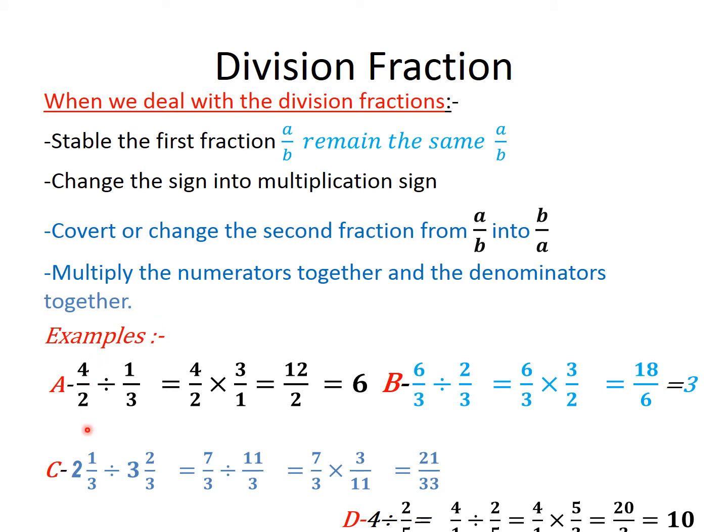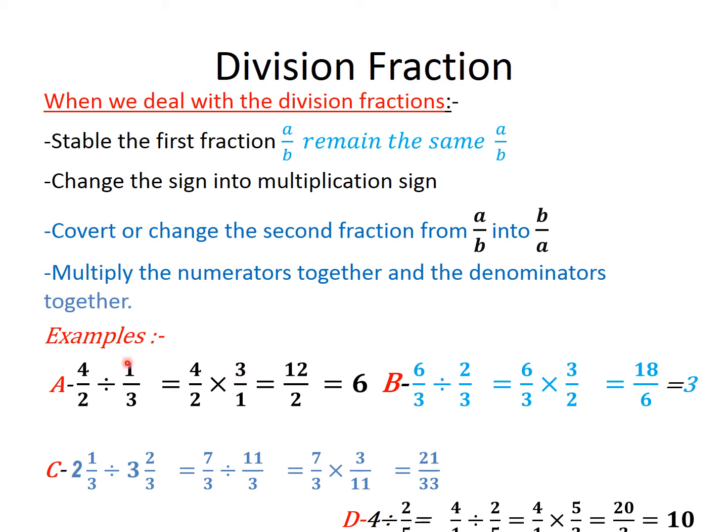Okay, look here, examples. We have 4 over 2 divided by 1 over 3. It says stable the first fraction, which means to put it as it is. 4 over 2, it will be 4 over 2, the same thing. Change the sign into a multiplication sign. After that, number 3, change or convert the second fraction.